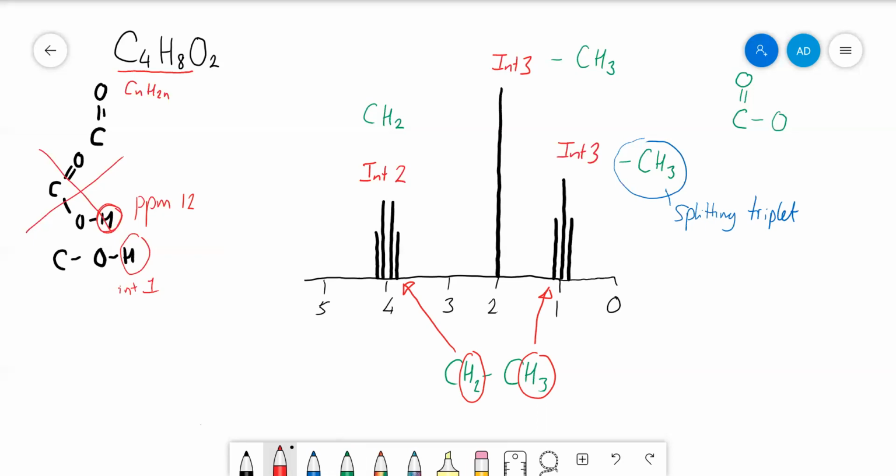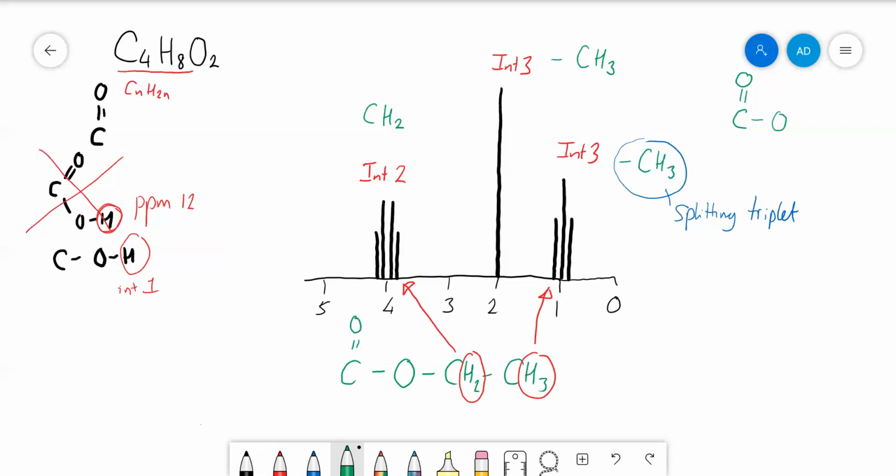Also, look at the chemical shift of this. The chemical shift of the CH2 is pretty high. It's 4. That means it is probably next door to an oxygen. We've got very little to worry about now because we've got our carbonyl carbon now. Let's put that in there.